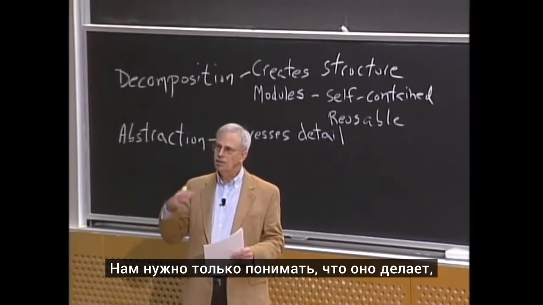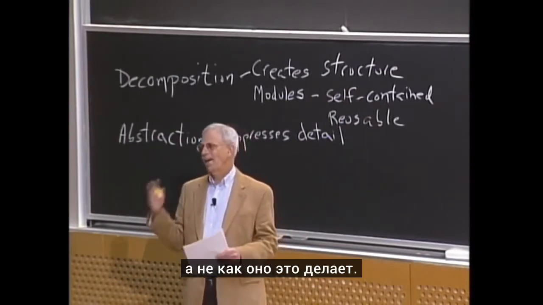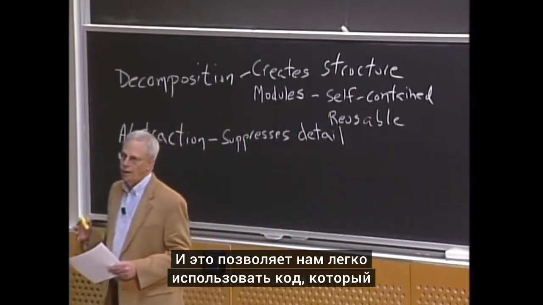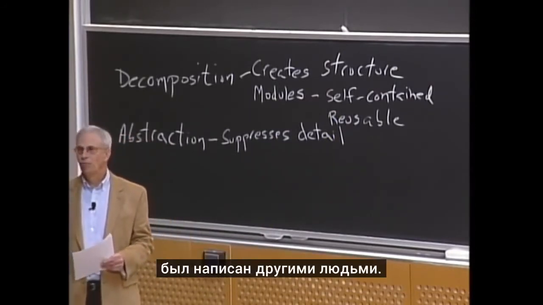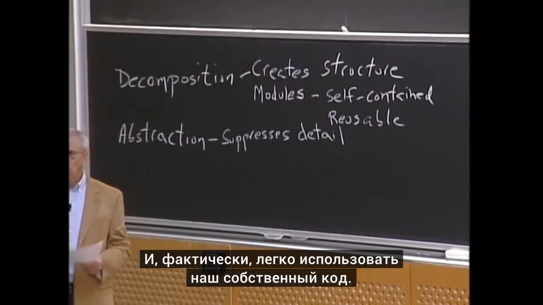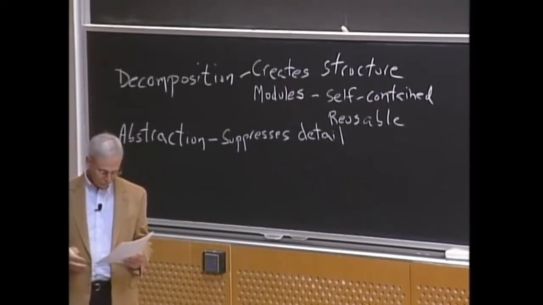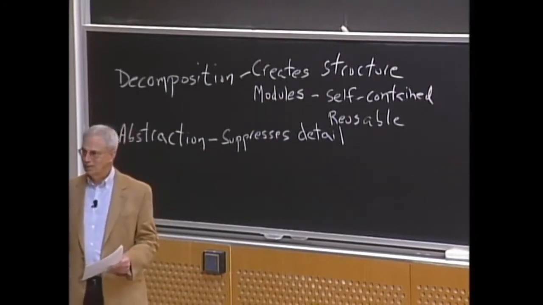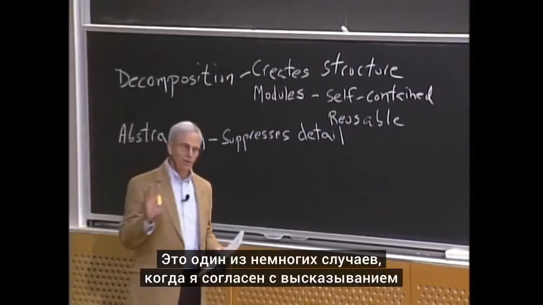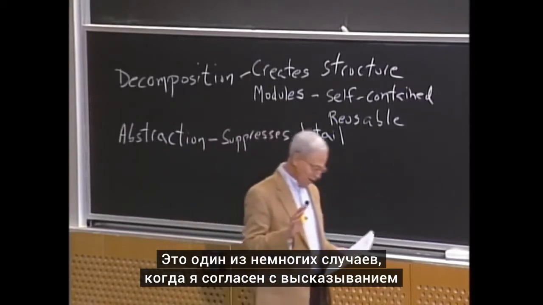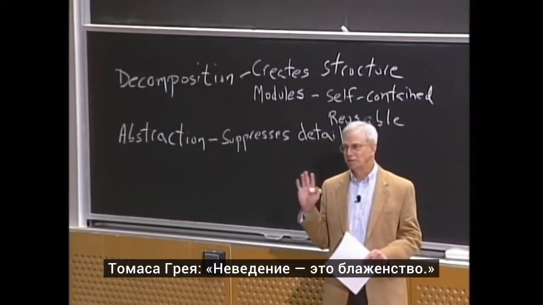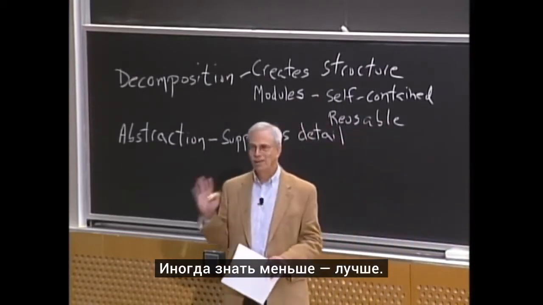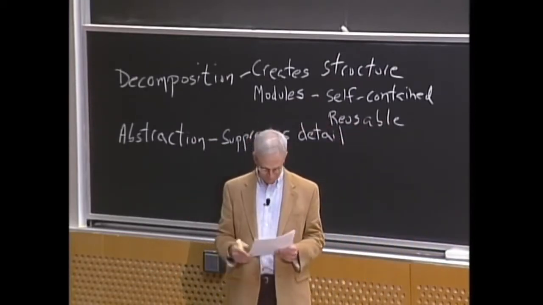We only need to understand what it does, not how it does it. And that lets us use code that other people have written easily, and in fact, use code that we have written easily. It's one of those few occasions where I think Thomas Gray was right when he said, ignorance is bliss. Sometimes knowing less is better.